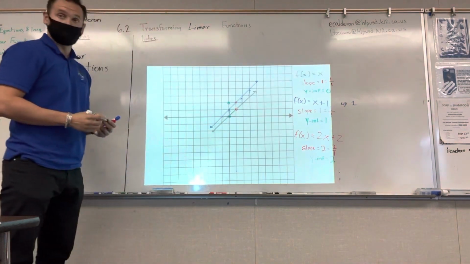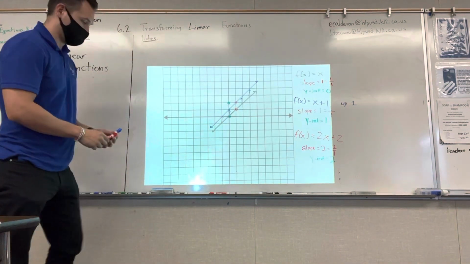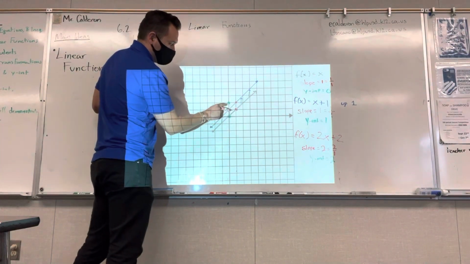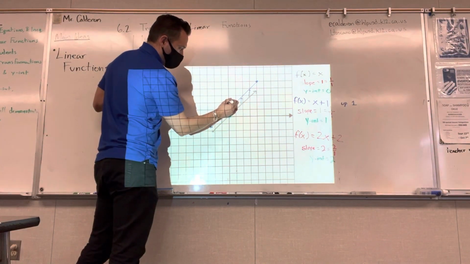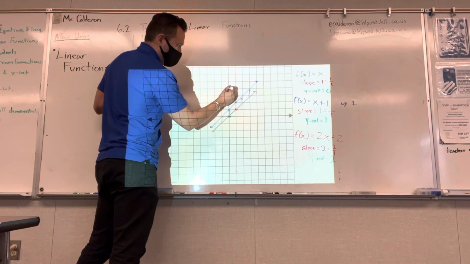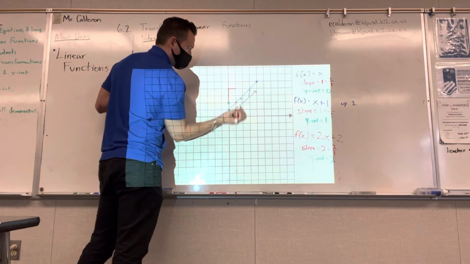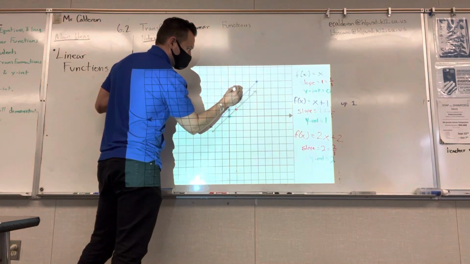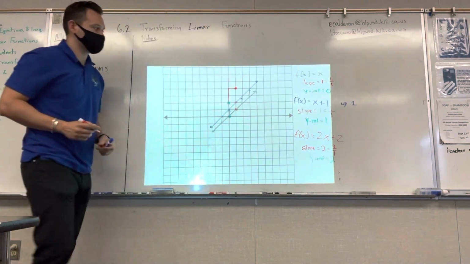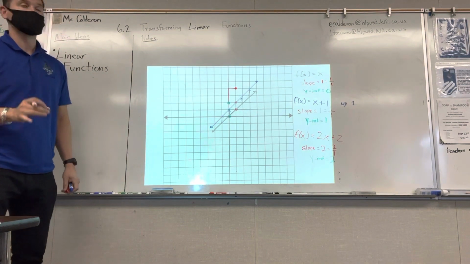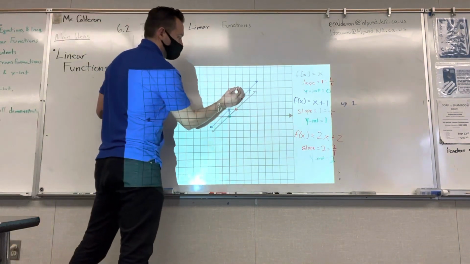Now watch the difference here. I'm going to go up 2, over 1. And then just so I'm making sure I'm absolutely clear on this one, I'm going to do it again.